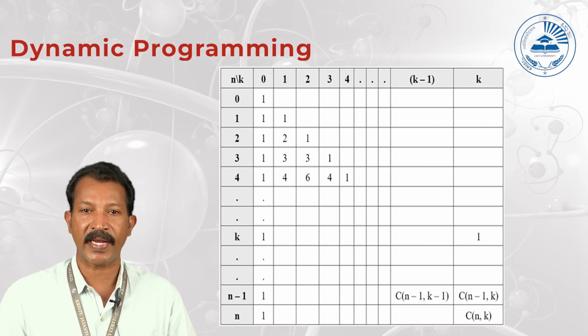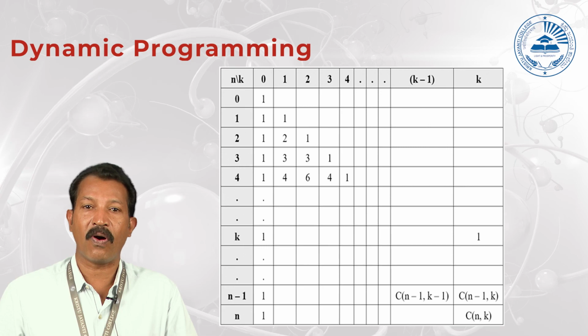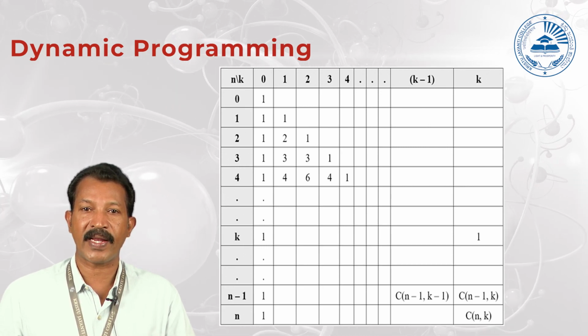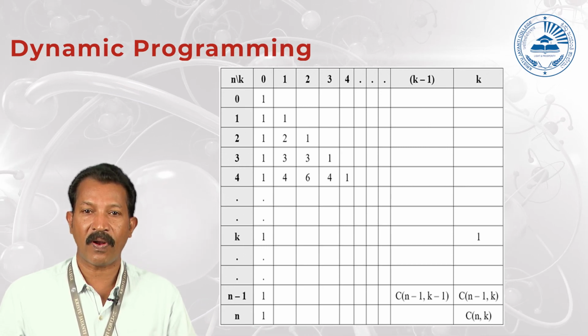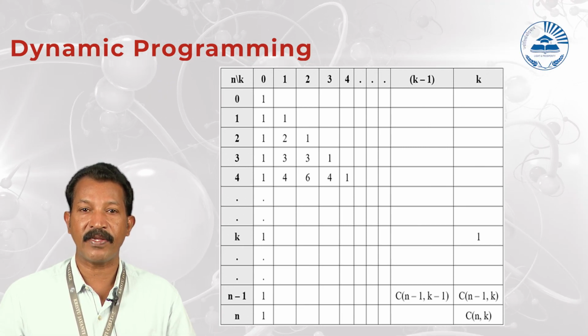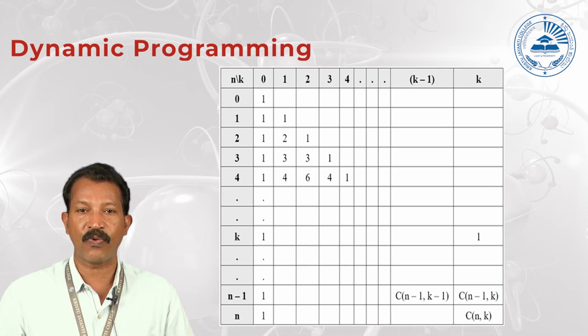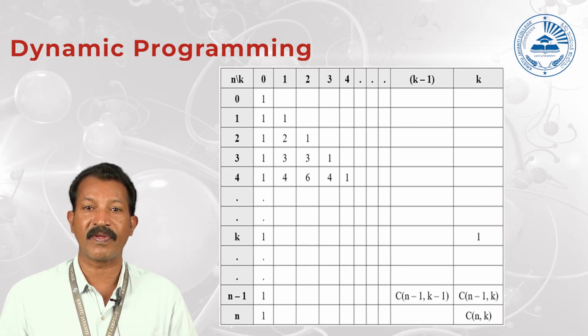When we need to calculate a value, if a subtask value is already calculated, it can be reused. So values already entered in previous cells will be utilized in later steps.